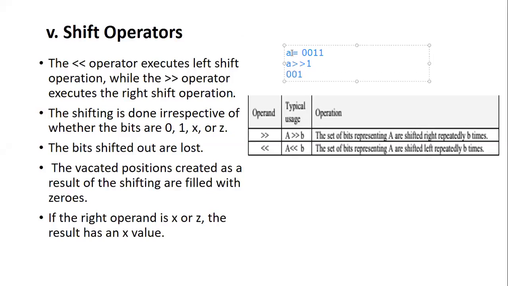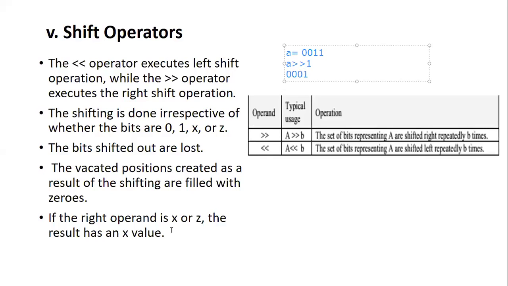That is our question. Now, the bits that are shifted are lost. The vacated positions created as a result of shifting are filled with zeros. So this position is vacant and it will by default be filled with 0.